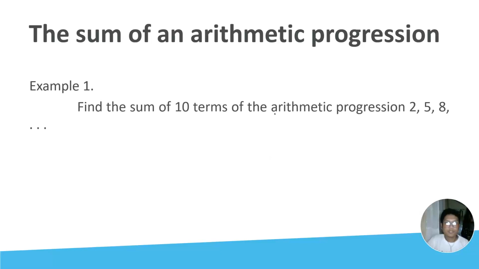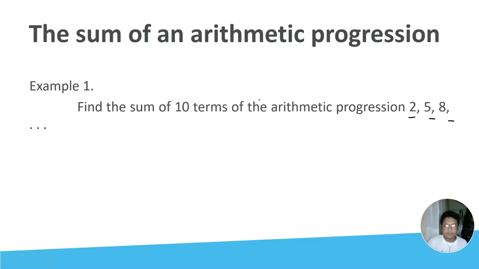So, solve natin sa example na to using the 2 formula. Okay. Find the sum of terms of the arithmetic progression 2, 5, 8. Okay. So, ibig sabihin 10 terms yan. Kung gusto mong kumpletuhin, sige, isulat mo. Tsaka mo i-add. Pwede naman.